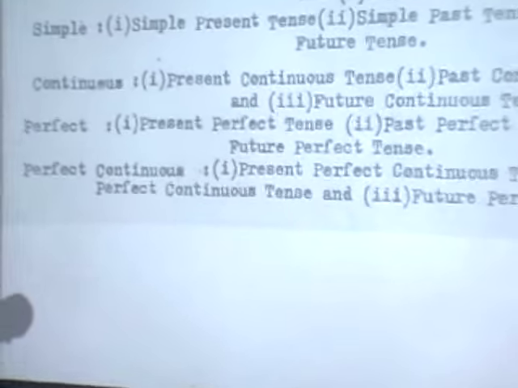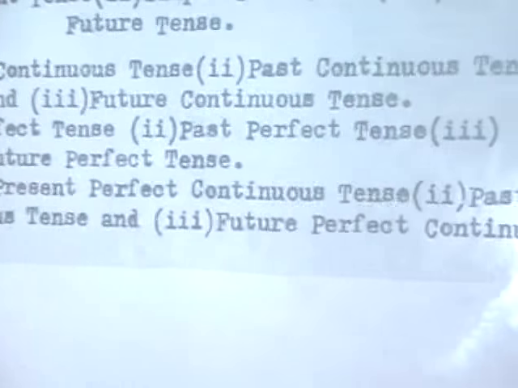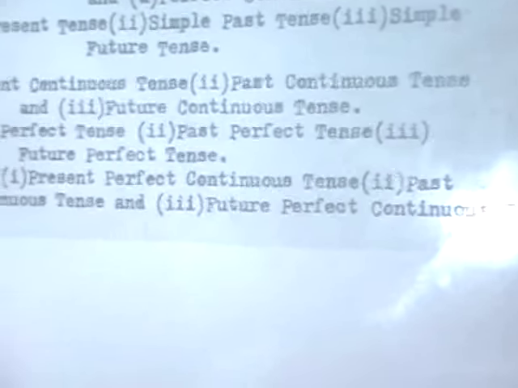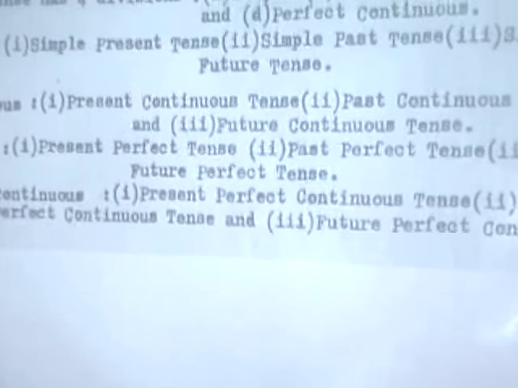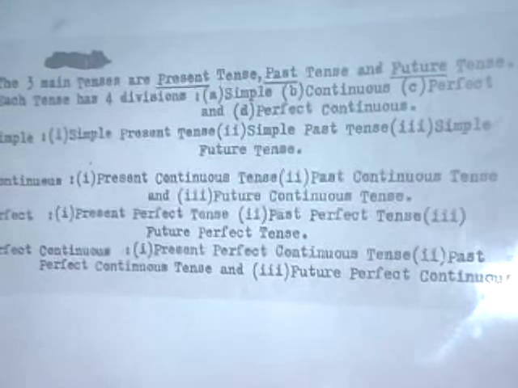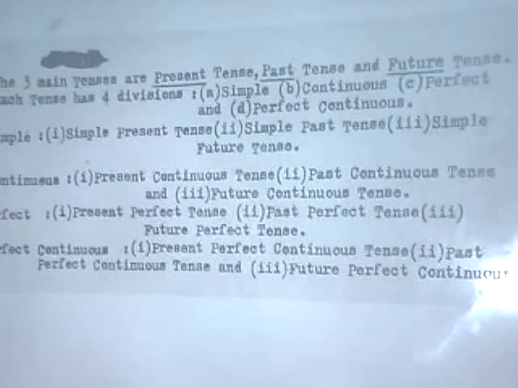Continuous: present continuous tense, past continuous tense and future continuous tense. Perfect: present perfect tense, past perfect tense and future perfect tense. Perfect continuous: present perfect continuous tense, past perfect continuous tense, and future perfect continuous tense.